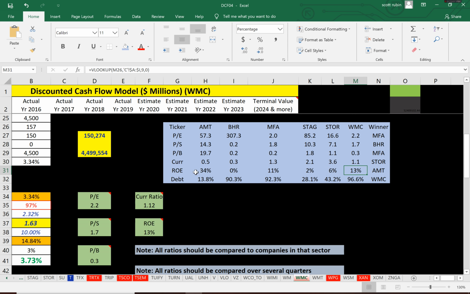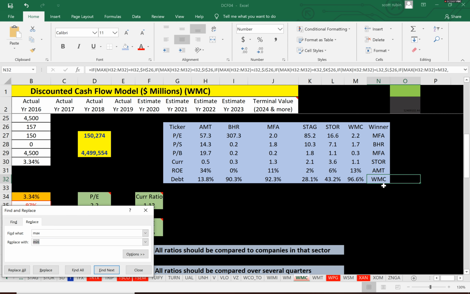In ROE, BHR doesn't have any income, so they have a 0% ROE because the formula is income over equity. And in debt, WMC is actually the loser because the minimum debt is the winner.